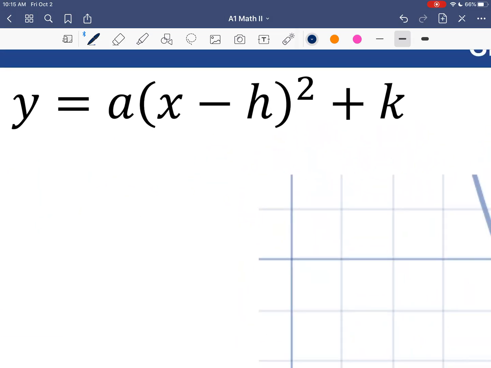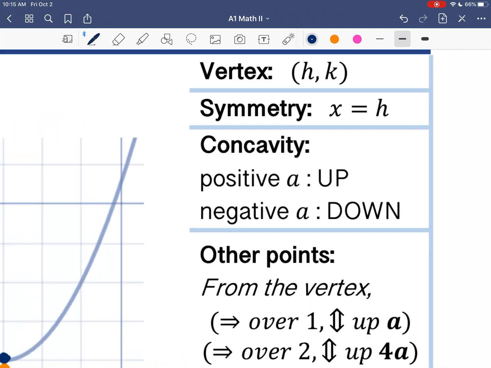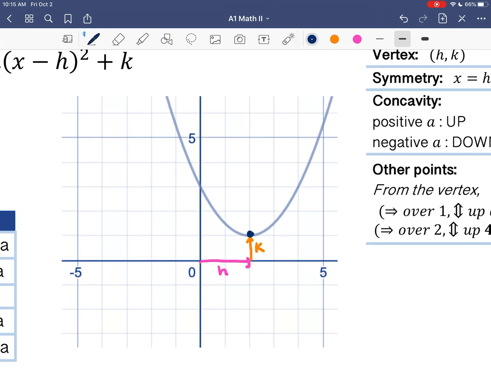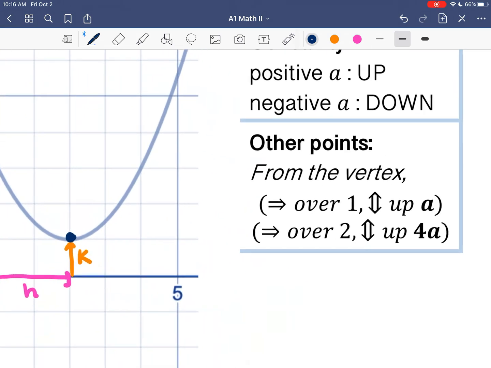Concavity: if the A value is positive, it's concave up, and if it's negative, it's concave down. Obviously, this graph here is a specific function, and I'll tell you what it is later. But obviously, this A value is positive because it's concave up.